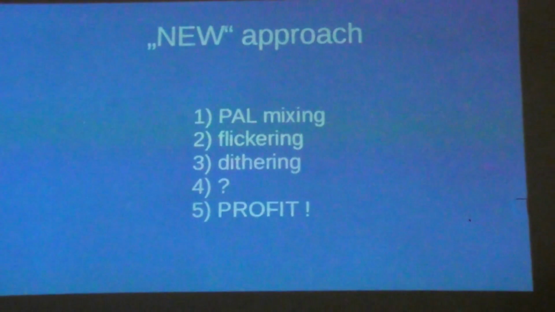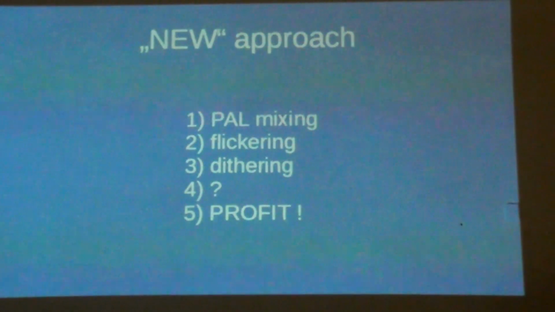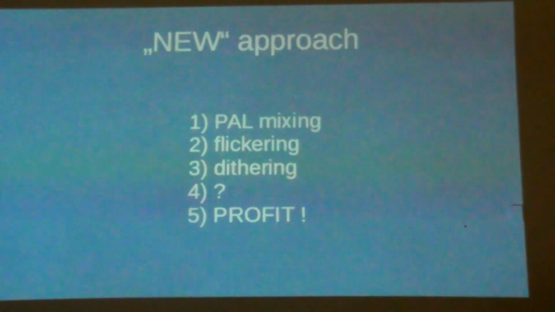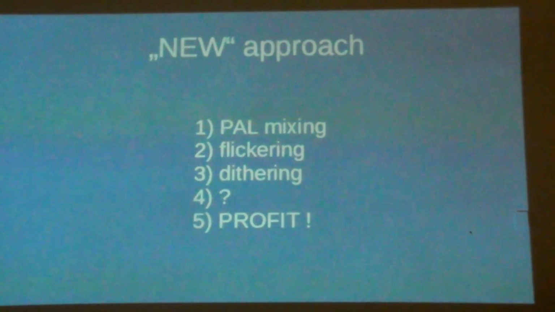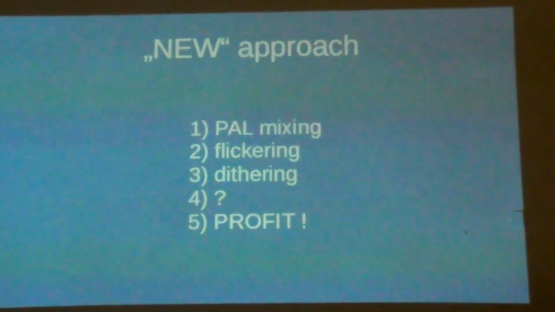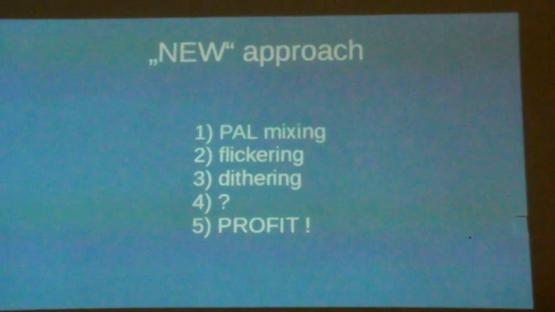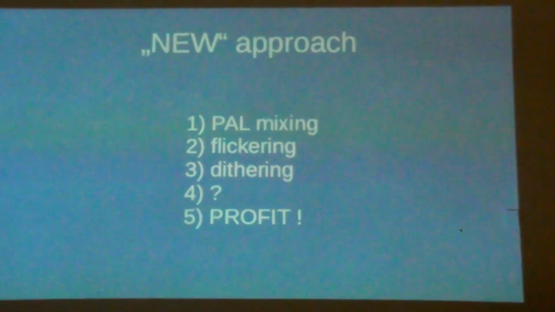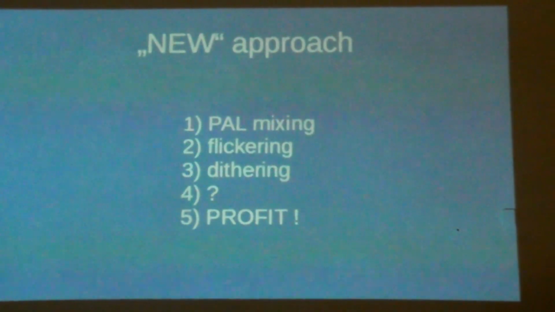So the approach, which I called new for the title, is not really anything new. It's just old ideas put together, and there are some main tricks to achieve it. One is PAL mixing, where in PAL, two lines are always averaged together.